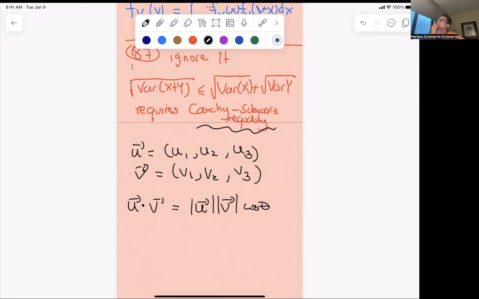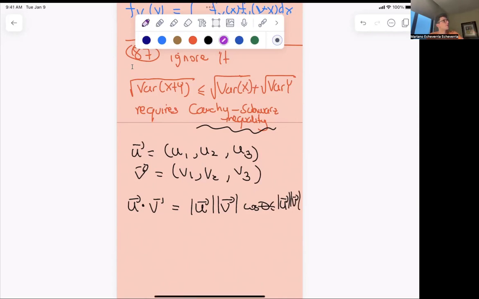So if you look at this formula, because the cosine is always less or equal to 1, this is always less or equal to the length of u times the length of v.